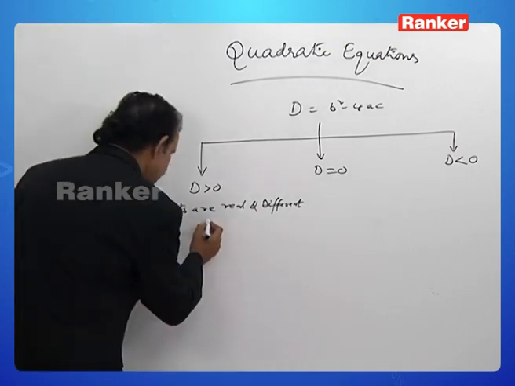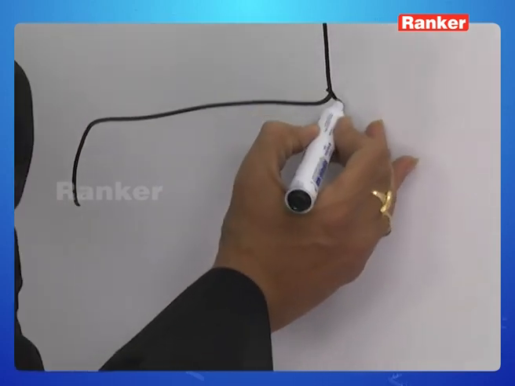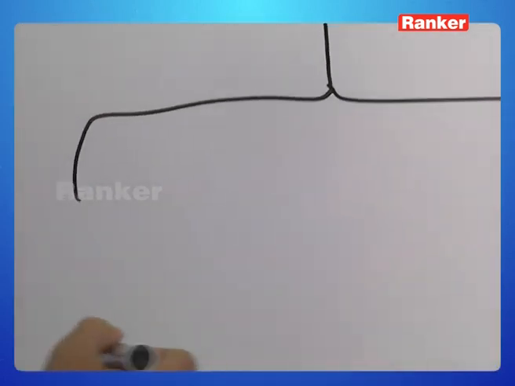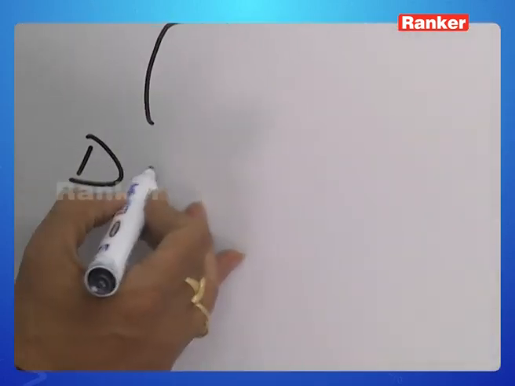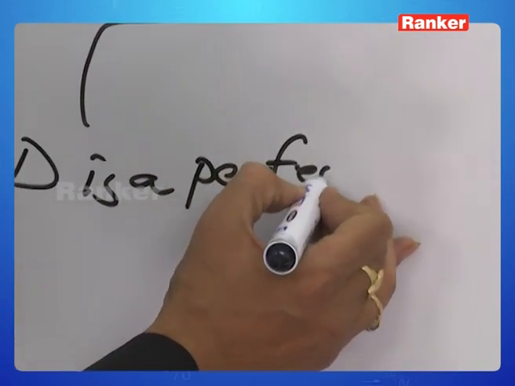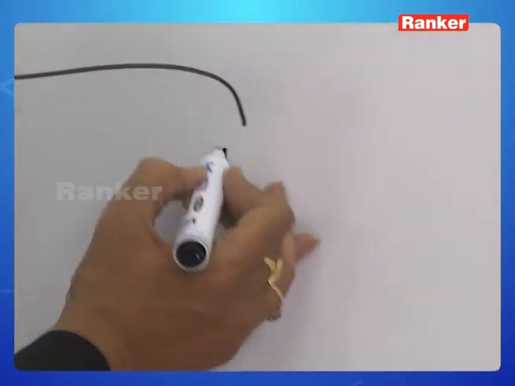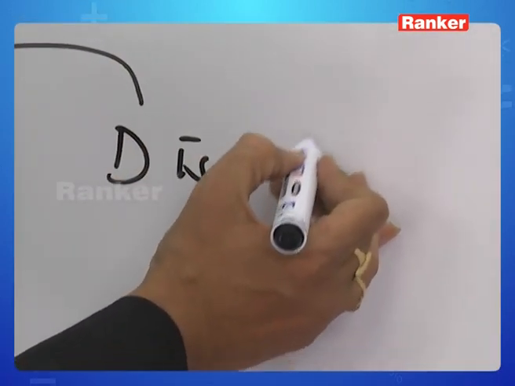Moreover, in this case, we have two separate cases again. What are these separate cases? D is a perfect square, and D is not a perfect square.